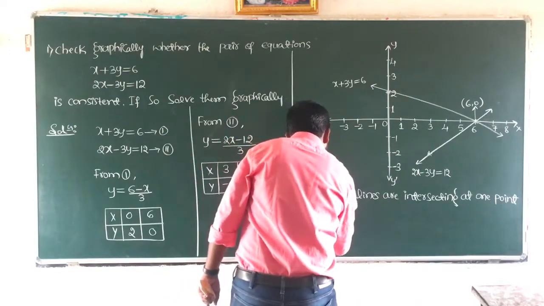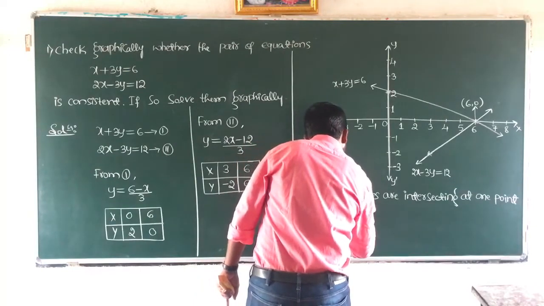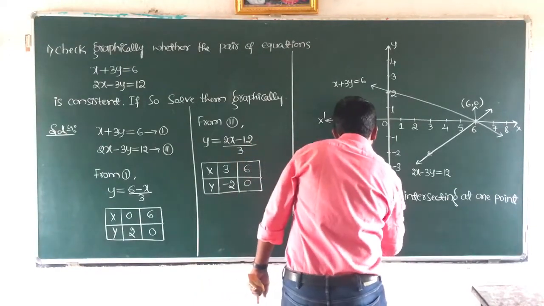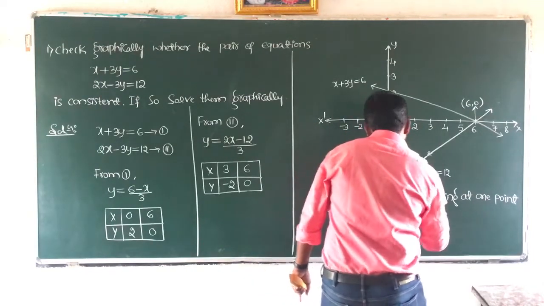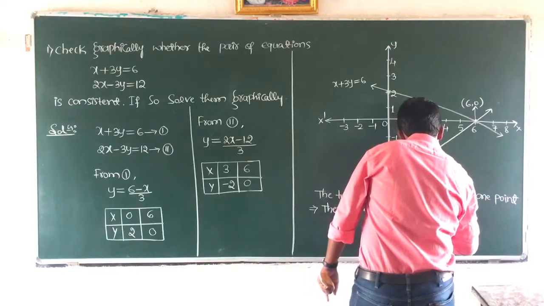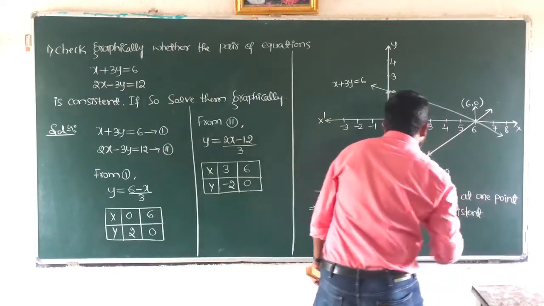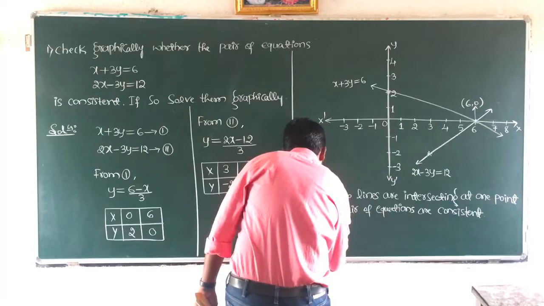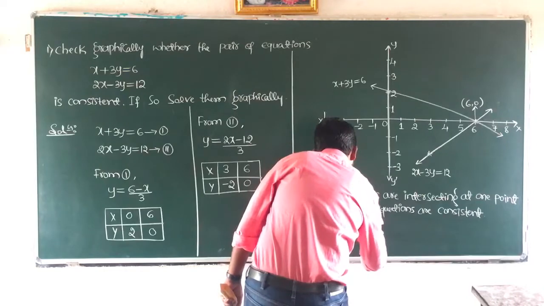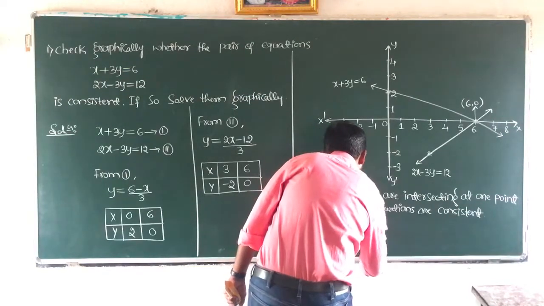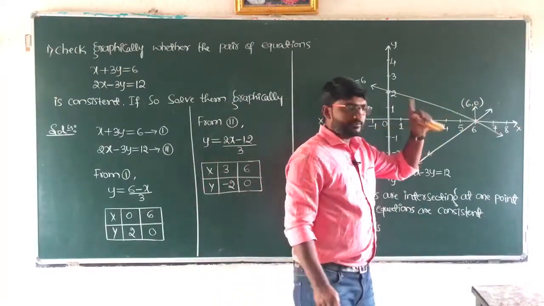The pair of equations are consistent. Hence the solution is x equal to 6 and y equal to 0.